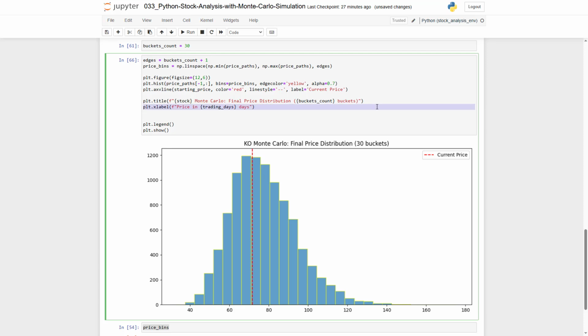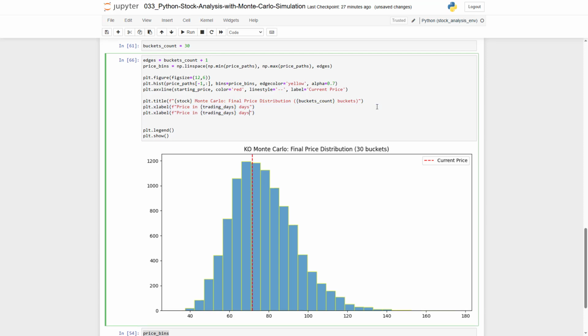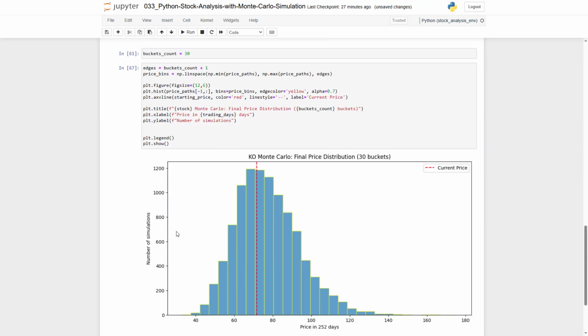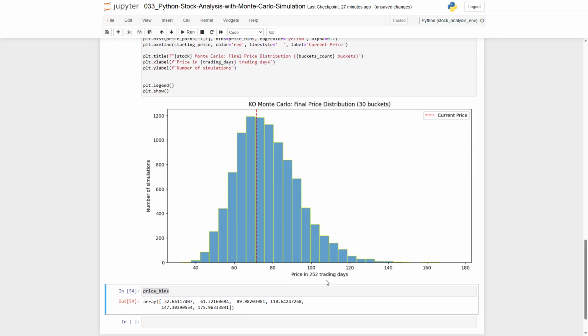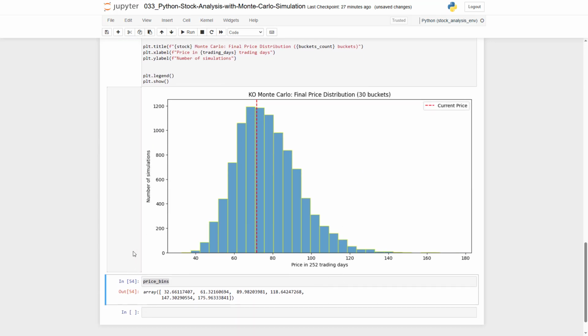And the Y label would be a bit different: number of simulations. Number of simulations, price in 252 trading days, because 252 is like a year. Okay, fair enough, I would say.